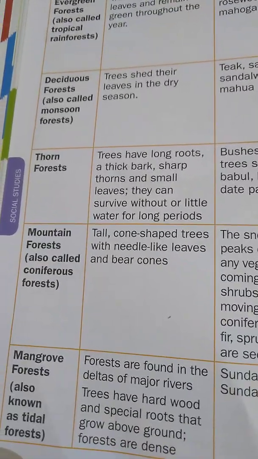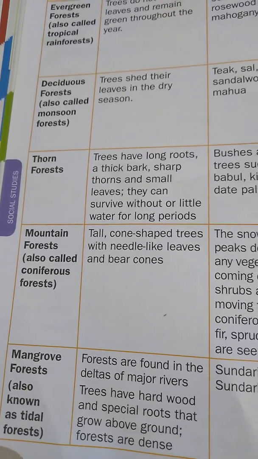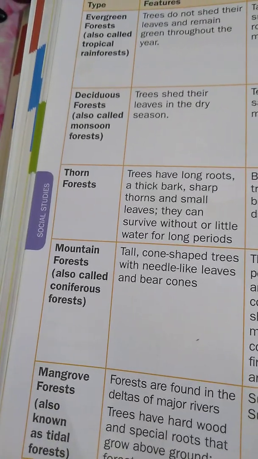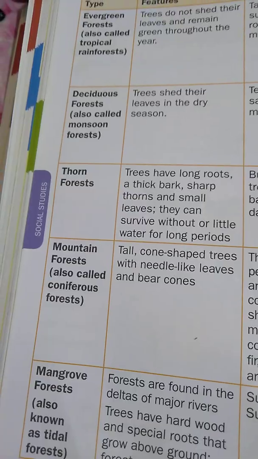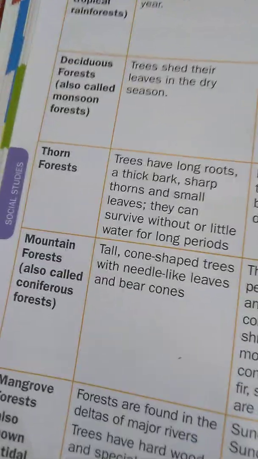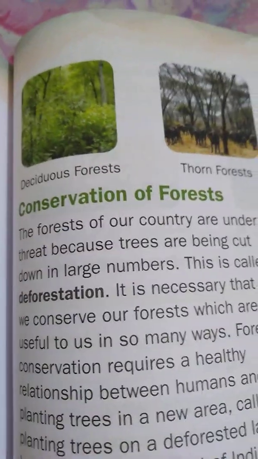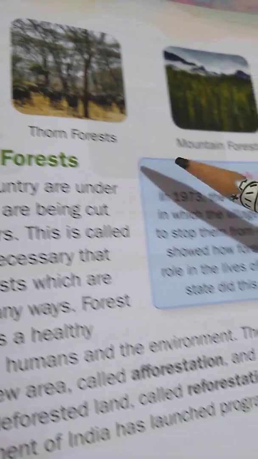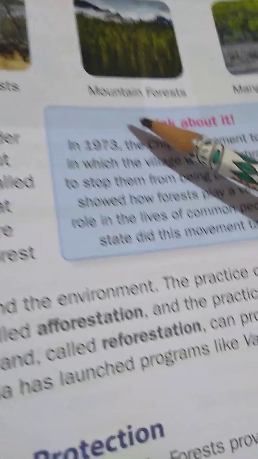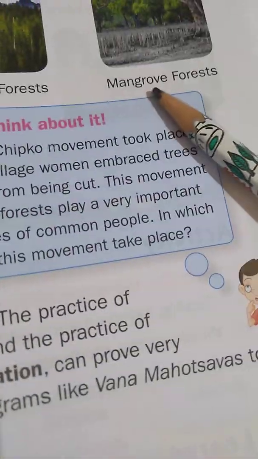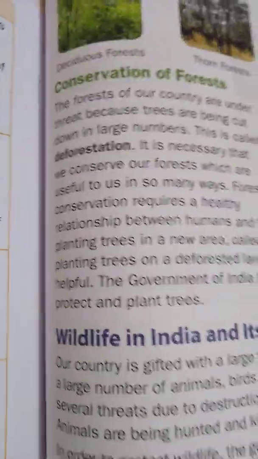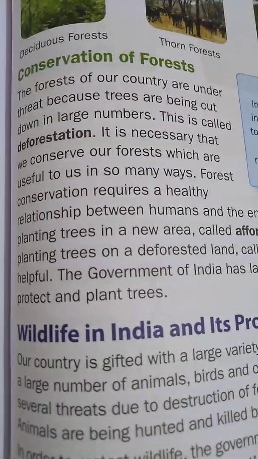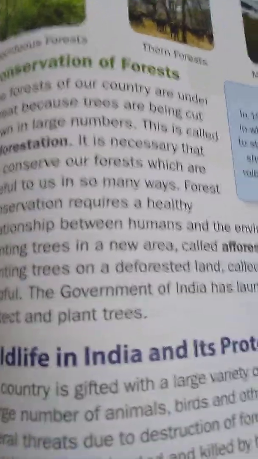We have evergreen forest, deciduous forest, thorn forest, mountain forest, mangrove forest. Yes, we can see in these pictures clearly. This is deciduous forest, this one is thorn forest, this one is mountain forest, and these are mangrove forest. So, in today's class, we are going to continue from conservation of forest.